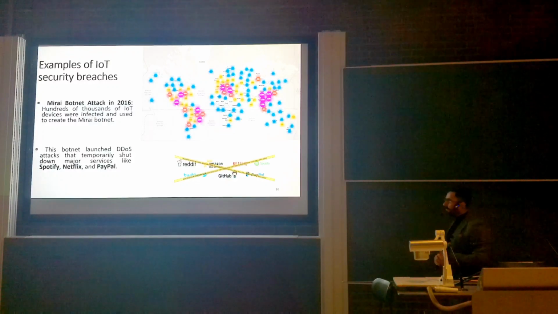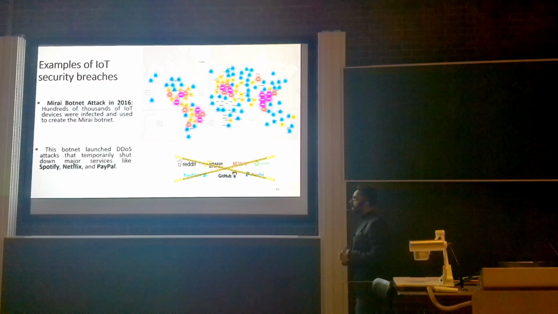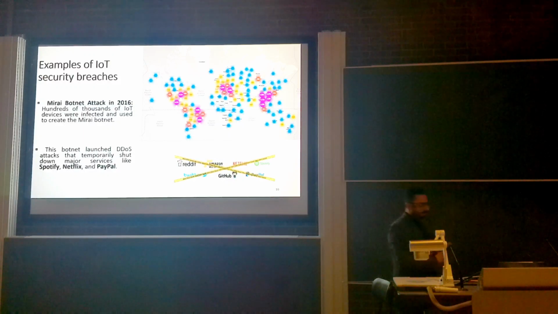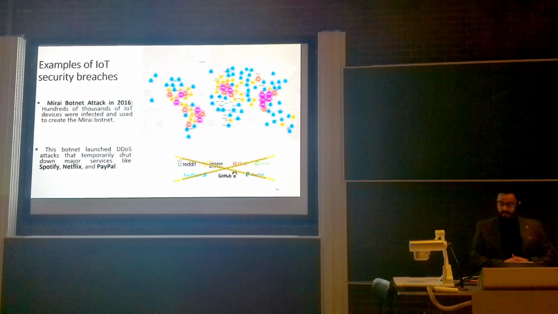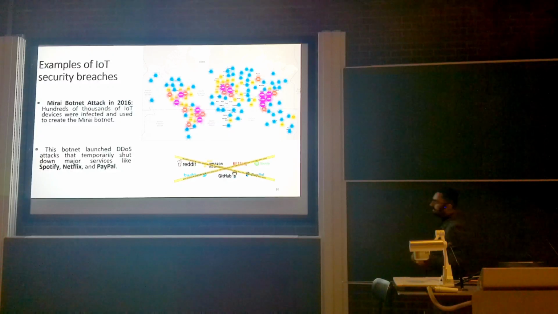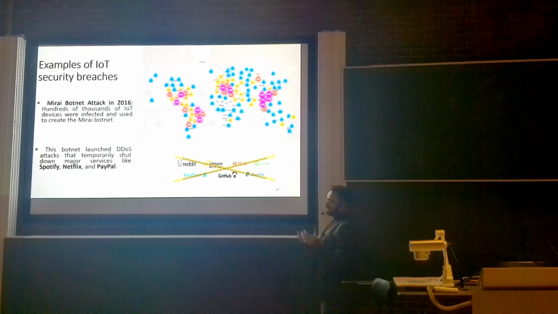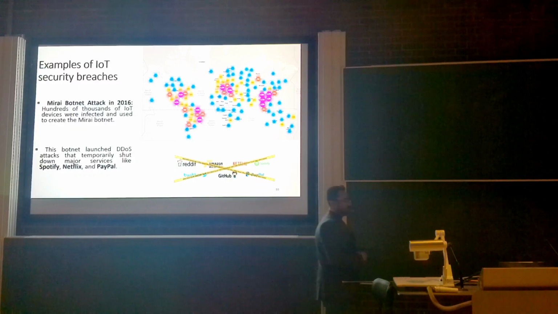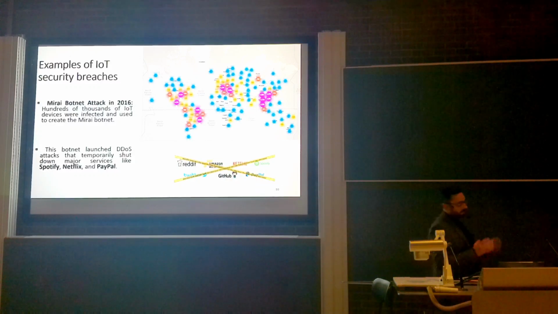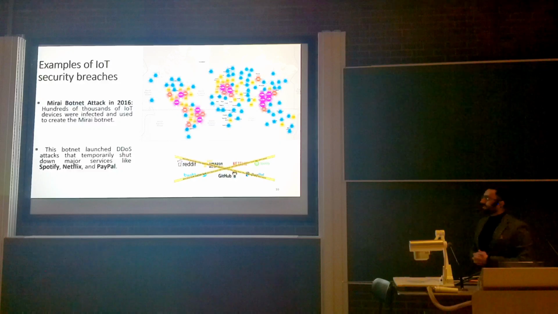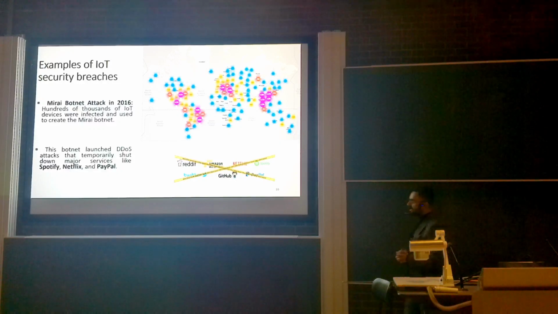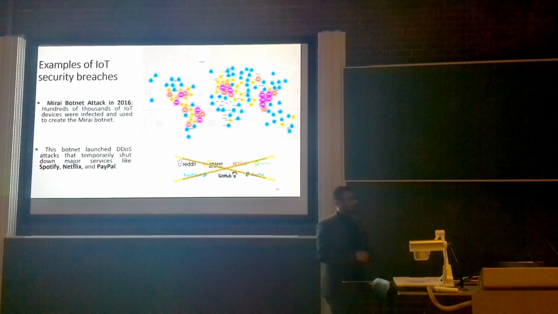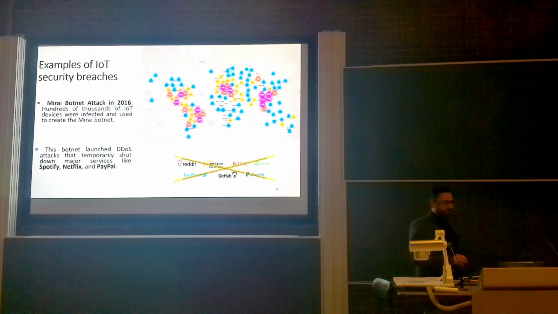One of the well-known security breaches was in 2016, the Mirai botnet attack, where hundreds of thousands of vulnerable IoT devices were taken over by the attackers, mostly in Mexico and a few other countries.